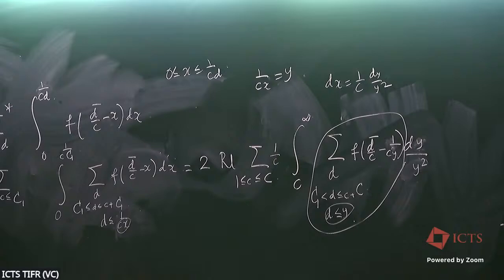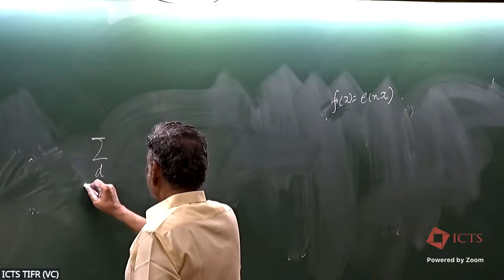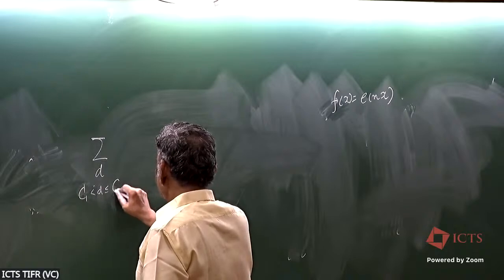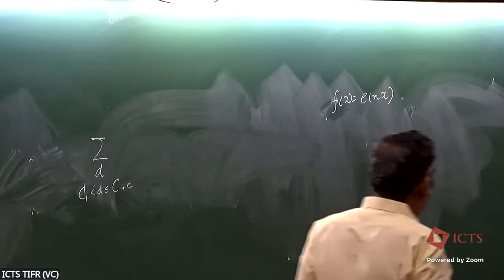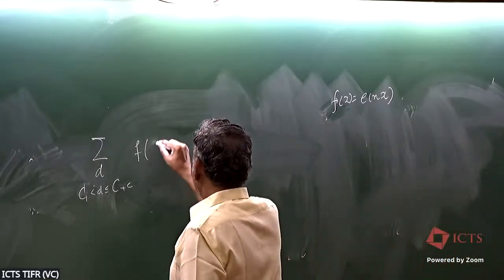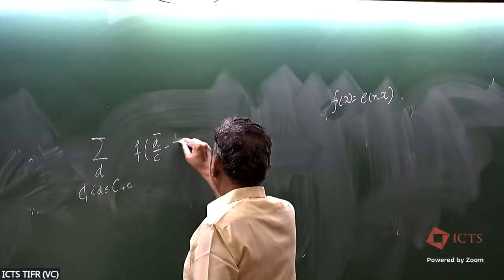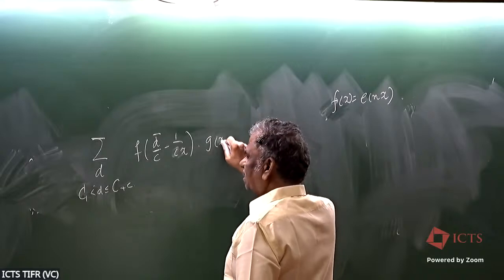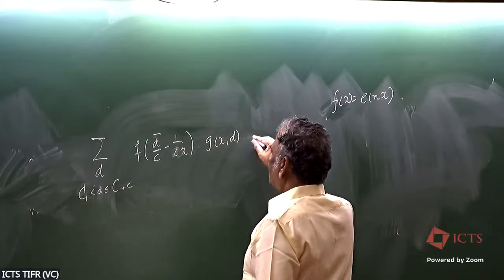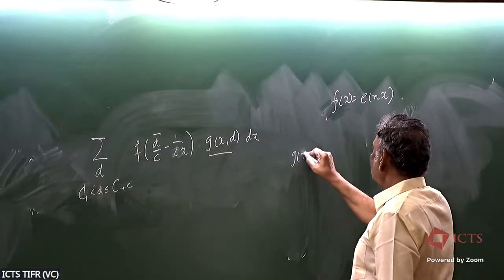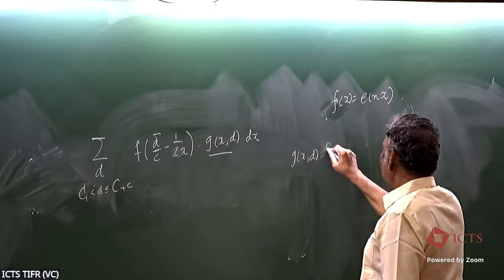Therefore, write the inside summation as the summation over D, capital C less than or equal to D less than or equal to capital C plus little c, and then you have an f of d bar by C minus 1 over Cx, into g of x comma d, dx. This g of x comma d which I have put is essentially another delta function.